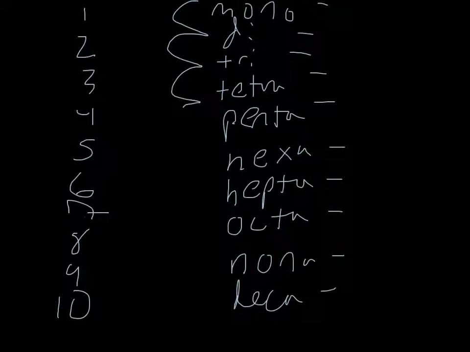Usually the later ones stay the same, but when you're doing organic chemistry, you get butanol, and the butyl is going to be the prefix for 4, and then you get propanol, and the propyl is the prefix for 3. It's really kind of weird, but each section seems to have its own prefixes, though there's a good amount of overlap. So just make sure you learn which prefix goes with which section of chemistry, because it's very important in naming.